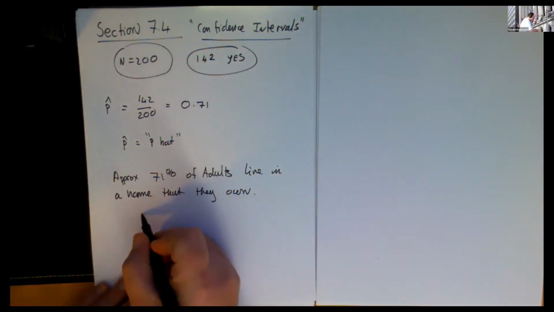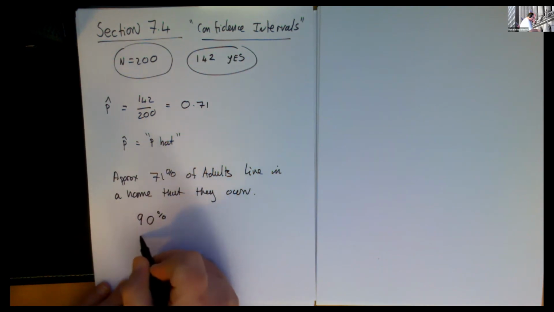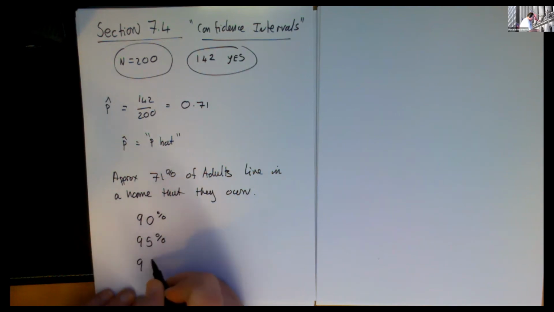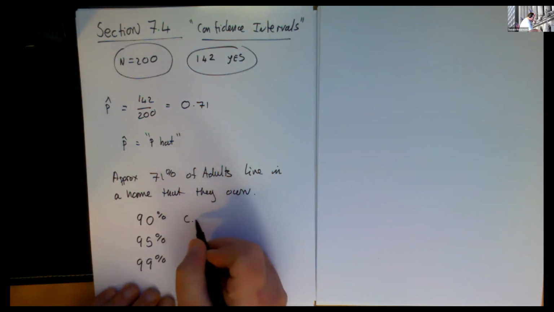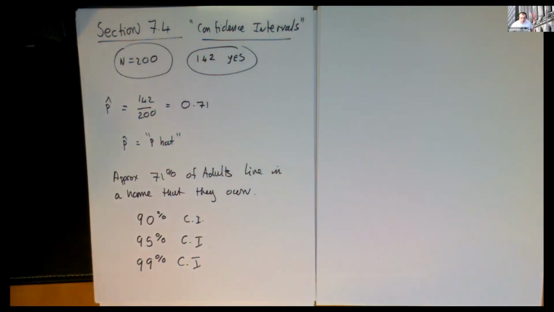So, for instance, there are 3 basic confidence intervals. One's called a 90% confidence interval. The other is called a 95% confidence interval. And the third one is called a 99% confidence interval.